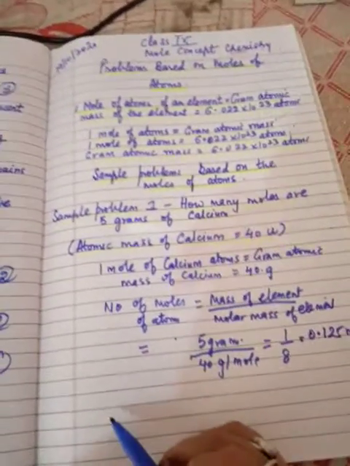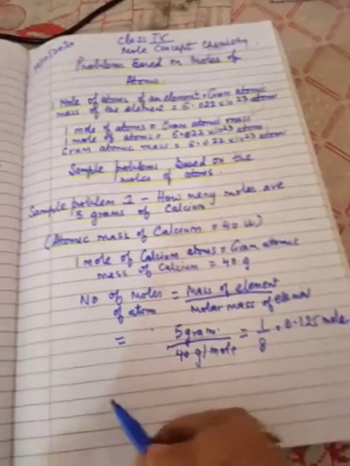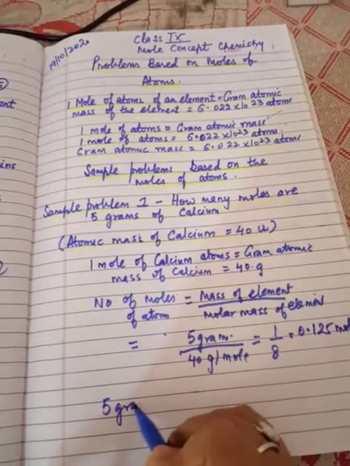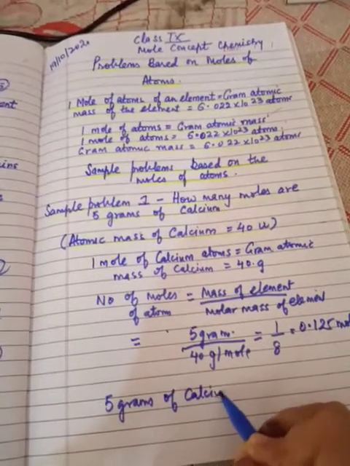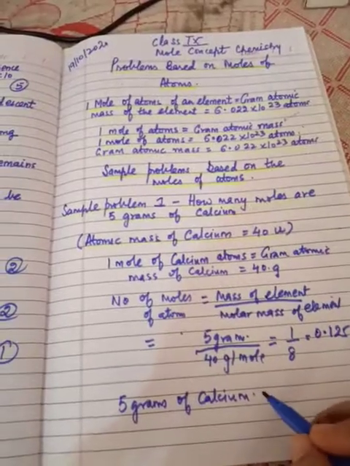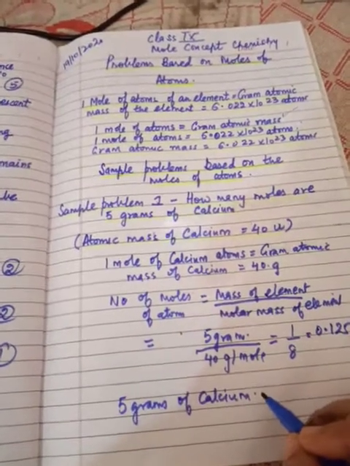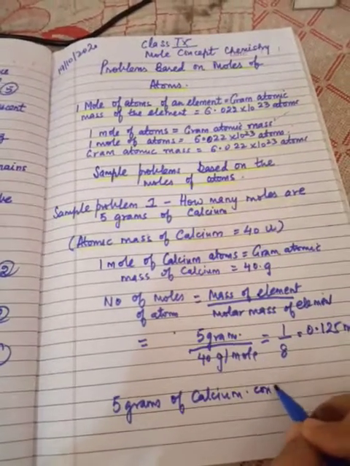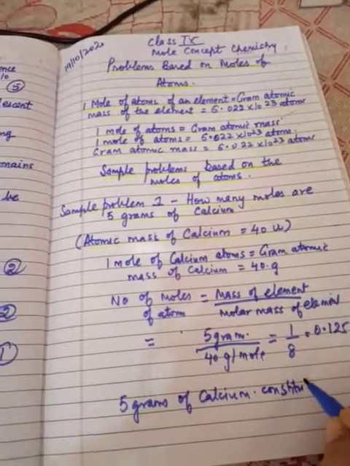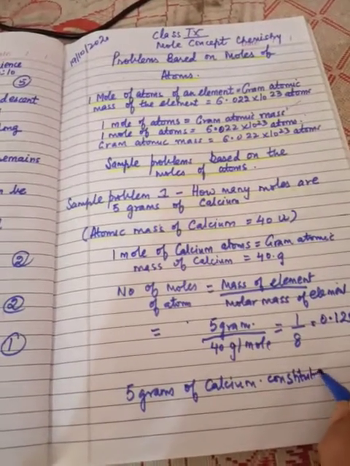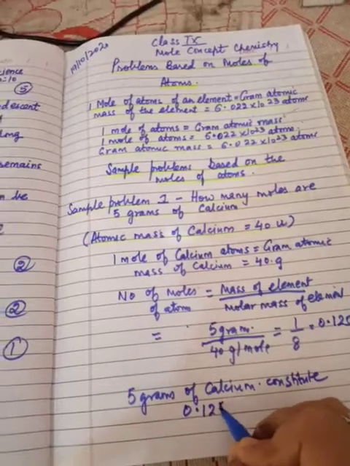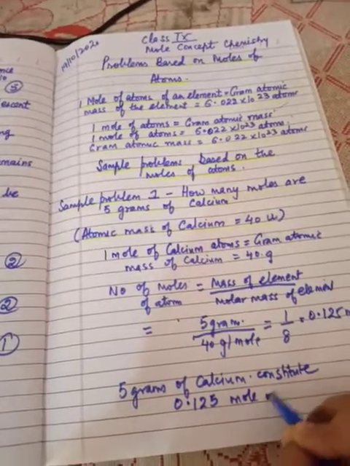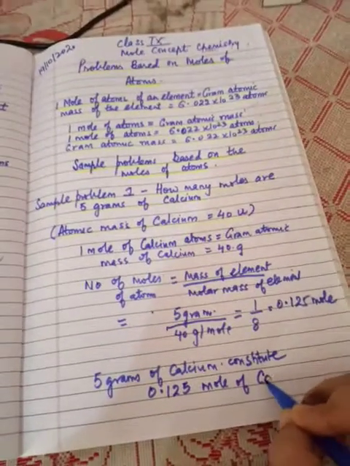It means that 5 grams of calcium constitute 0.125 mole of calcium.